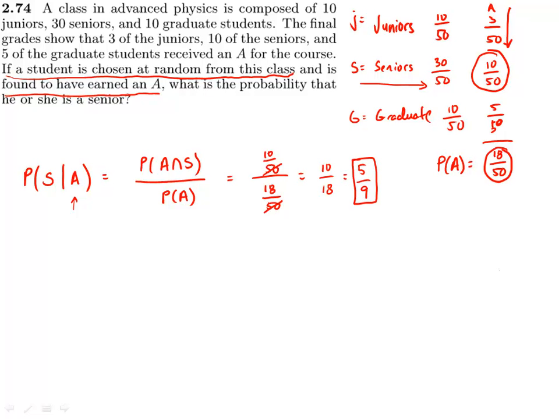Okay? So if this is the event that is given, you know that always you're going to divide by the probability of that event. Okay? In the conditional probability.